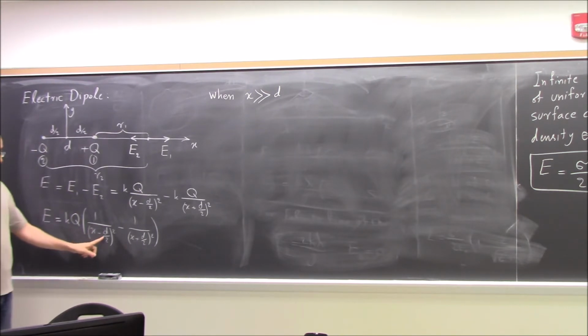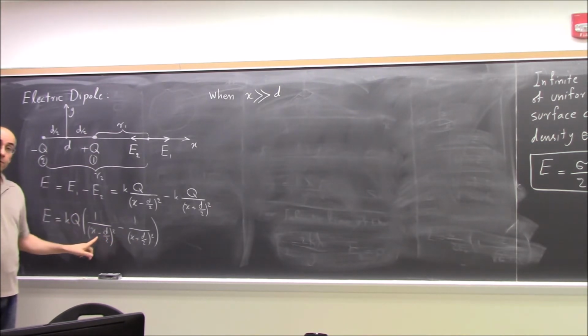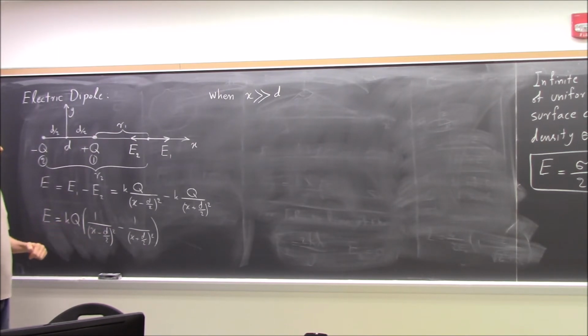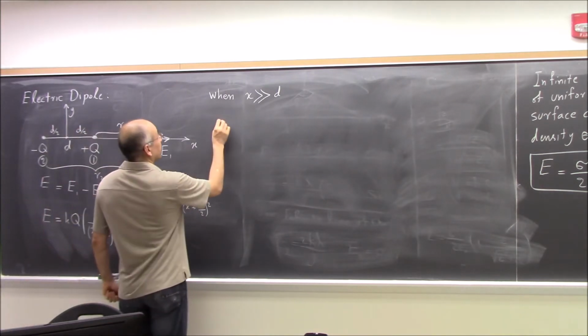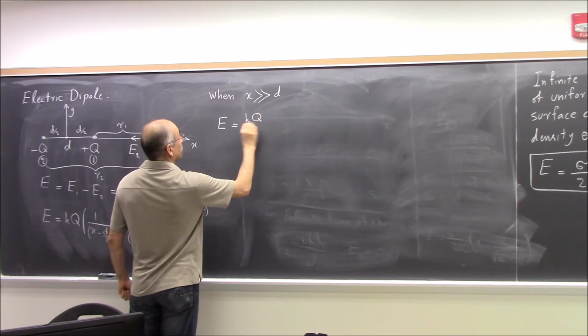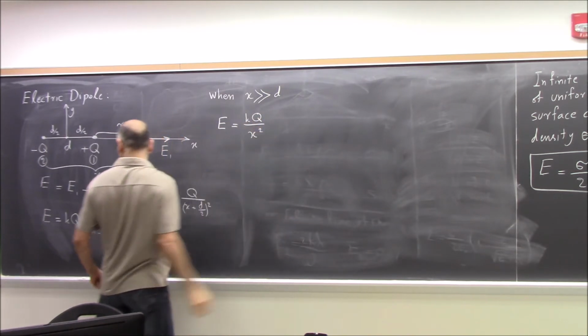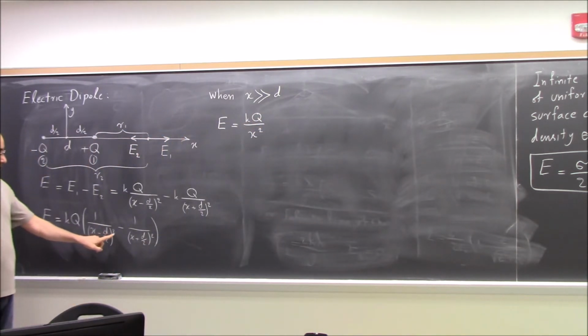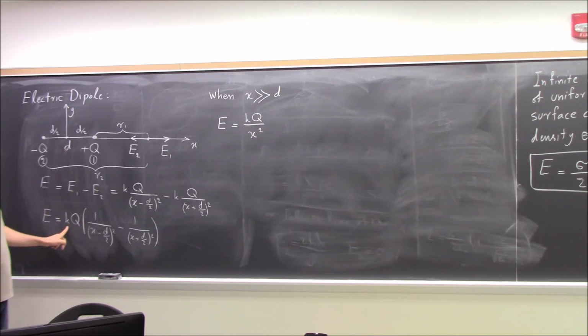So if I factor x out of each one of these and pull it out, I get an x squared in the denominator here. So E will be kq over x squared. You see, if I factor out x, it gets squared and then comes out.